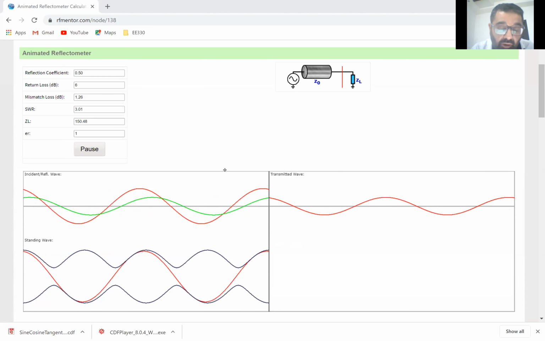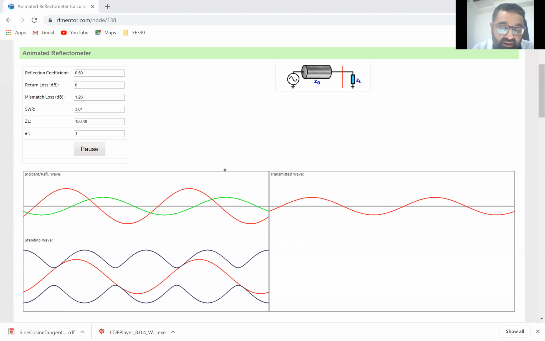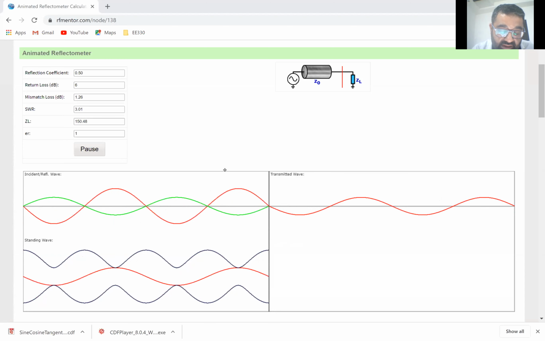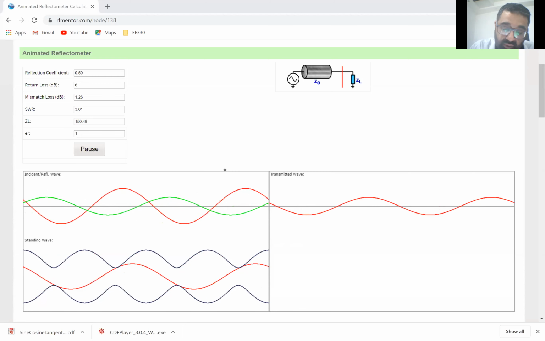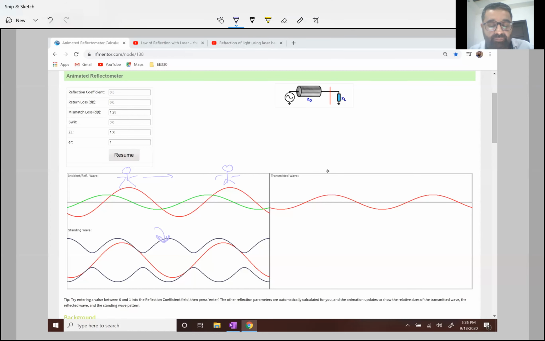At any point, this is the resultant of the forward and backward waves. Because of this superposition, very interesting effects happen on the line, which we are going to explore.